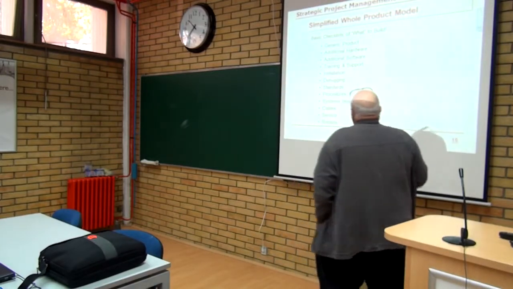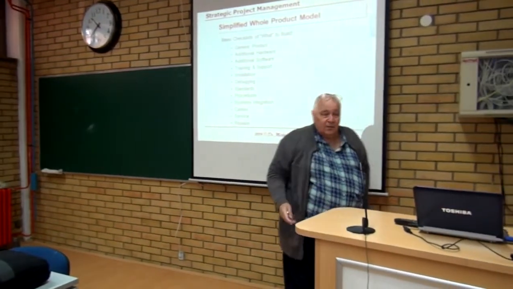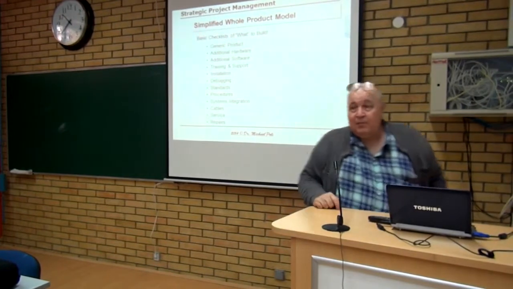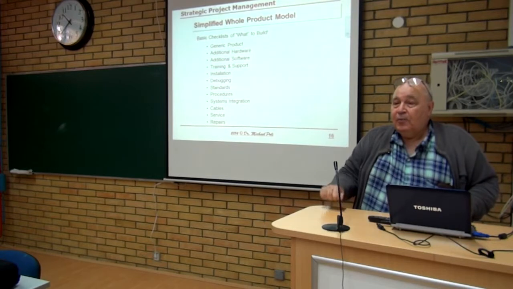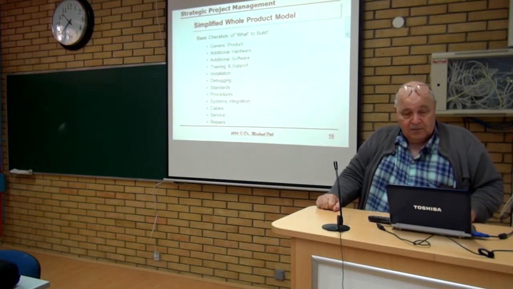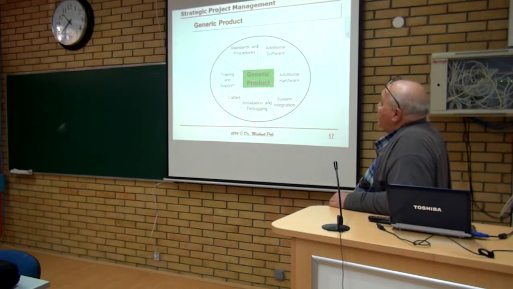So these are the things that need to be checked when you build the product or service. And then you have to build it what? Build it into your product. And this is the diagram that they use for the simplified product.